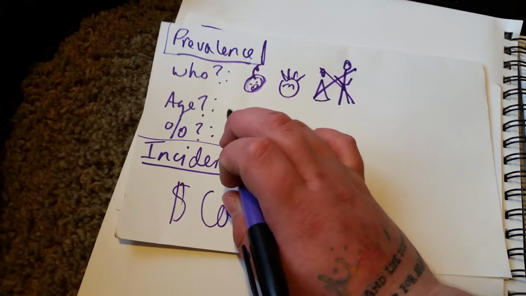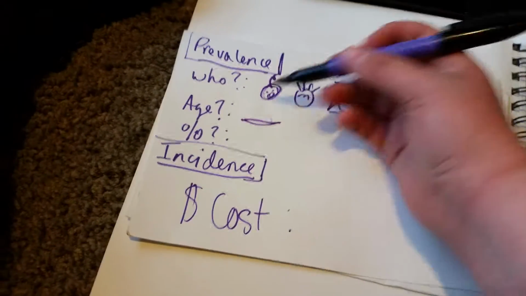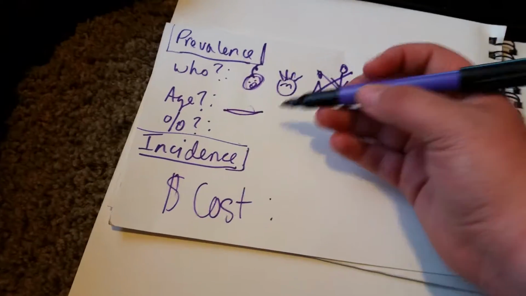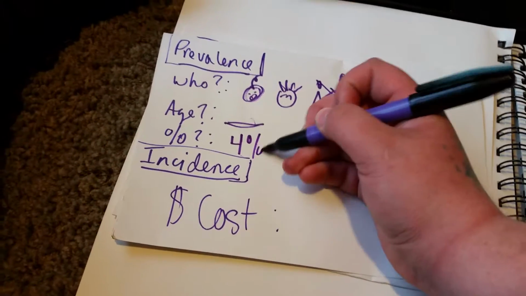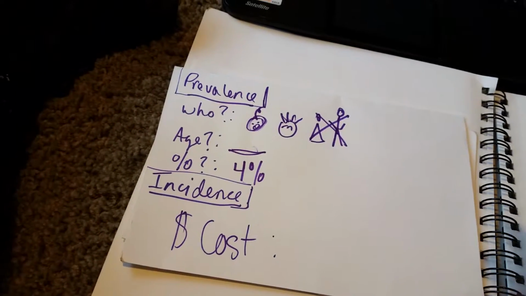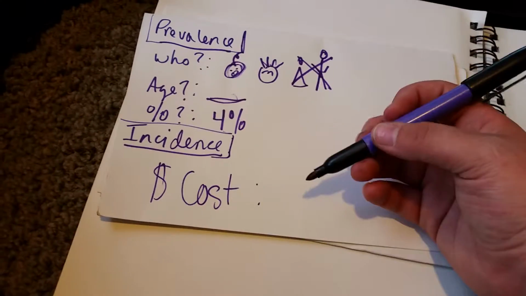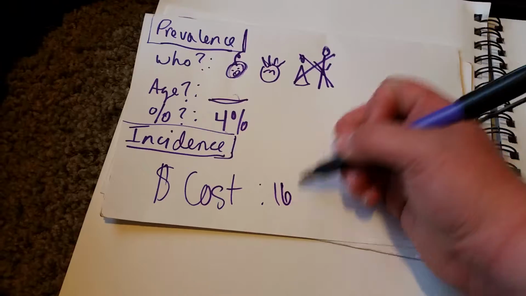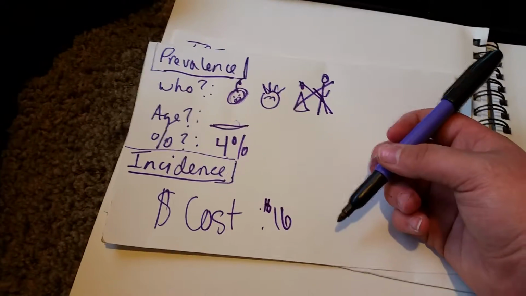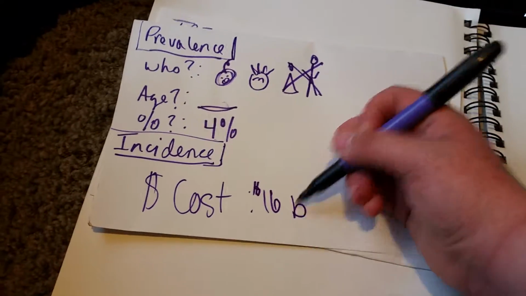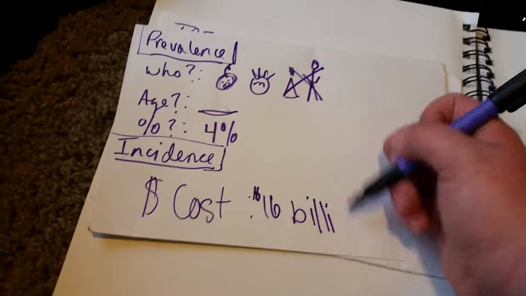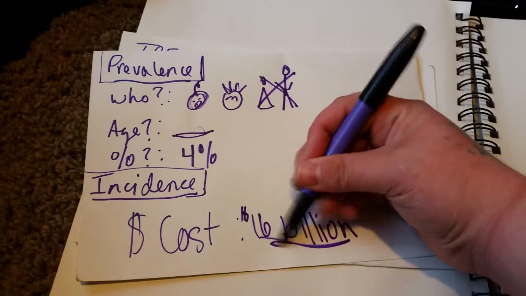Children, like I said, are at higher risk for parasomnia than adults are. And 4% of the adult population have some sort of parasomnia. The average cost for the nation is $16 billion per year for sleep-related disorders. That is a lot of money.